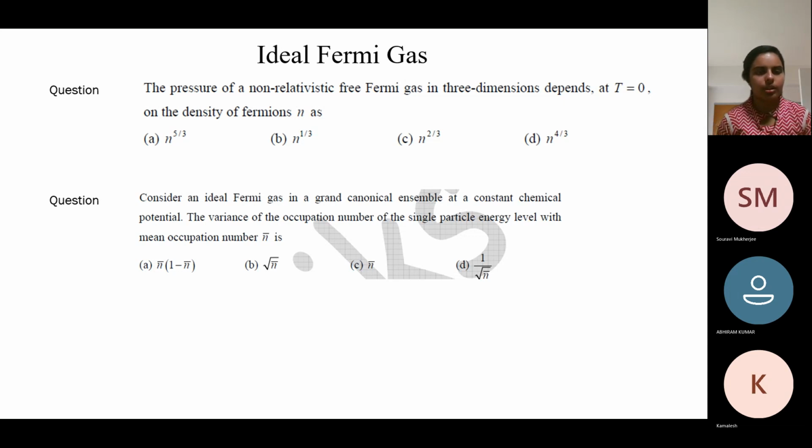Any idea how to solve this, or what kind of relations are required to solve this question?